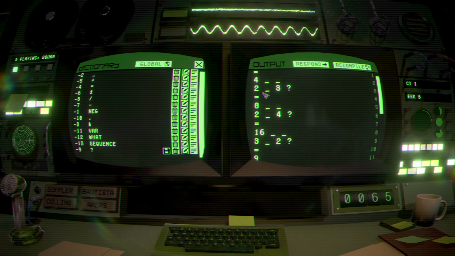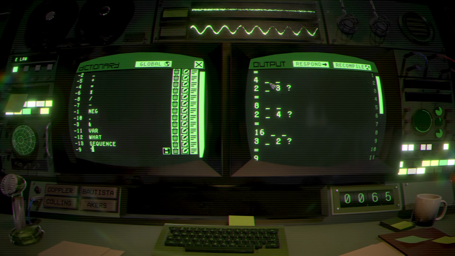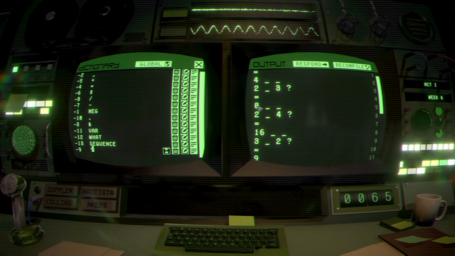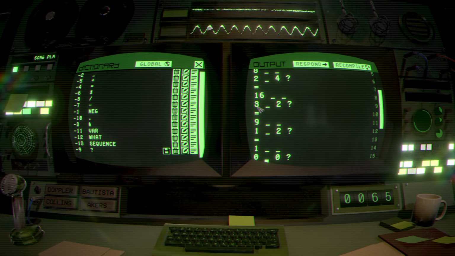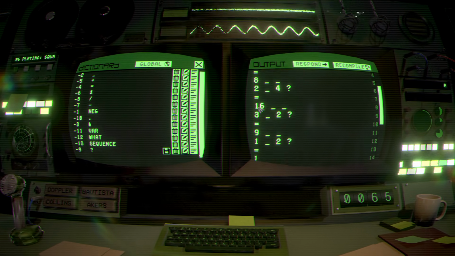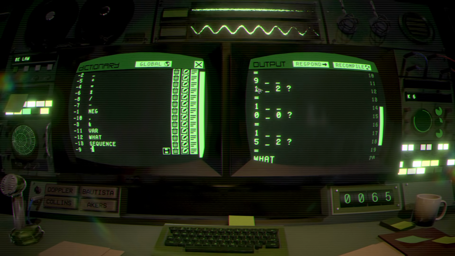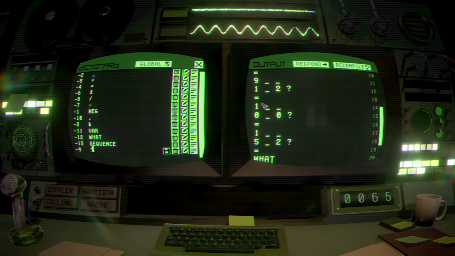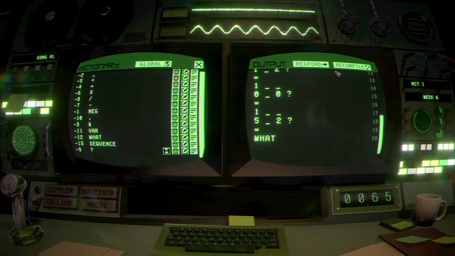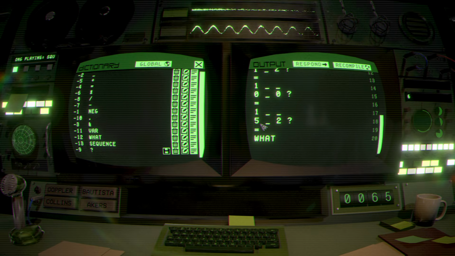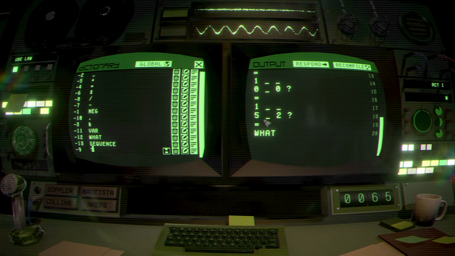Because 2 to the power of 3, so 2 times 2 times 2, is 8. 2 to the power of 4, 16. Yeah, 3 to the power of 2 is 9. 1 to the power of 2 is 1. Yep. 0 to the power of 0 is 1. Yeah, I think that's correct.